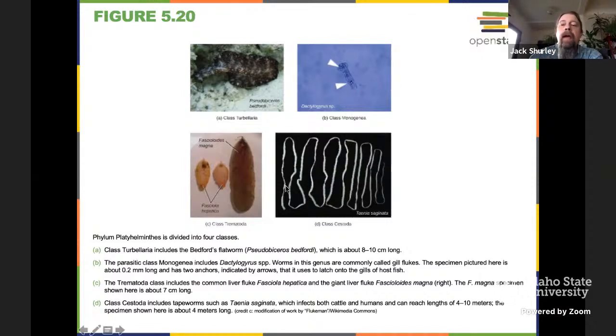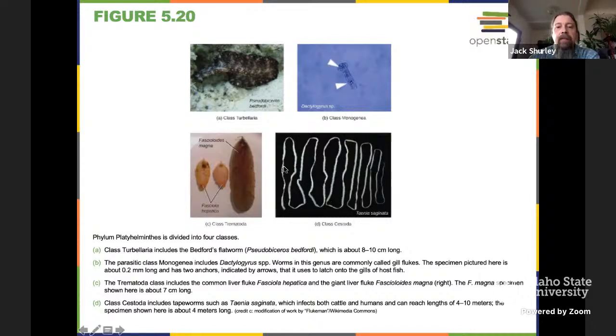All right, and with both of these trematodes and cestodes, for the most part, we think of these guys being hermaphroditic. That would be monoecious, so both sexes harbored within the one worm. There are a few exceptions with some of the trematodes. As far as cestodes go, I can't think of a single cestode that's not hermaphroditic.